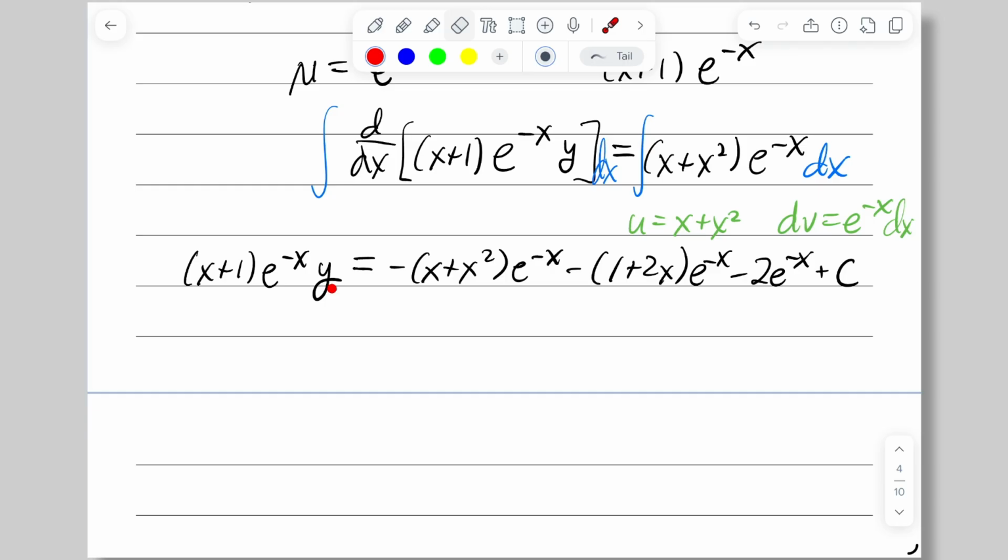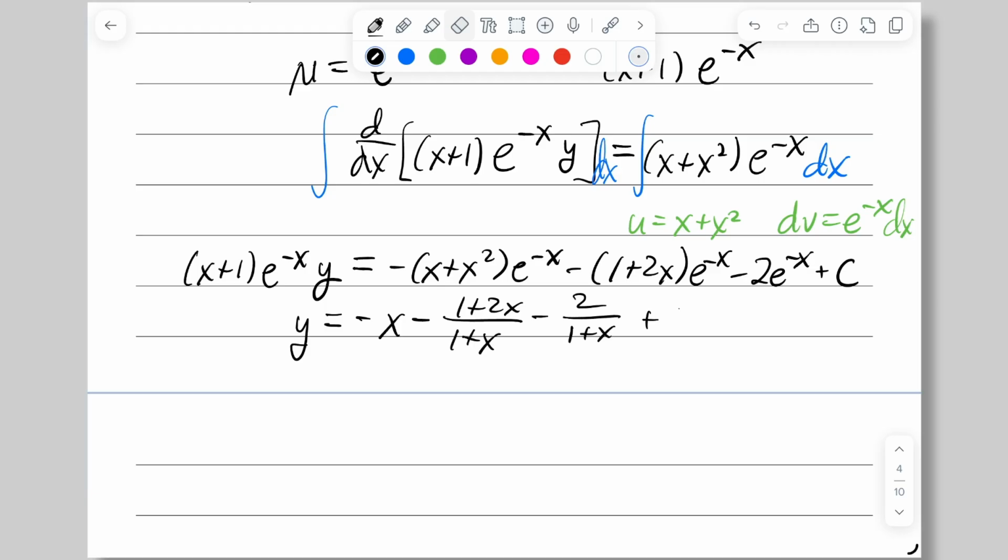Now we're going to isolate y. Well, we'll multiply both sides by e to the x over x plus 1. The result's going to be y is equal to negative x minus 1 plus 2x over 1 plus x, minus 2 over 1 plus x, plus c e to the x over 1 plus x.